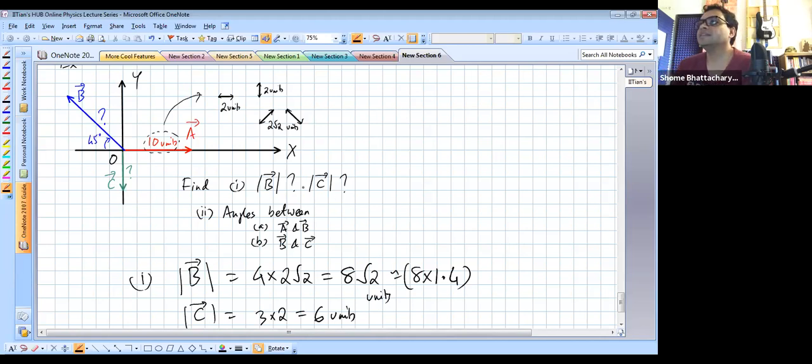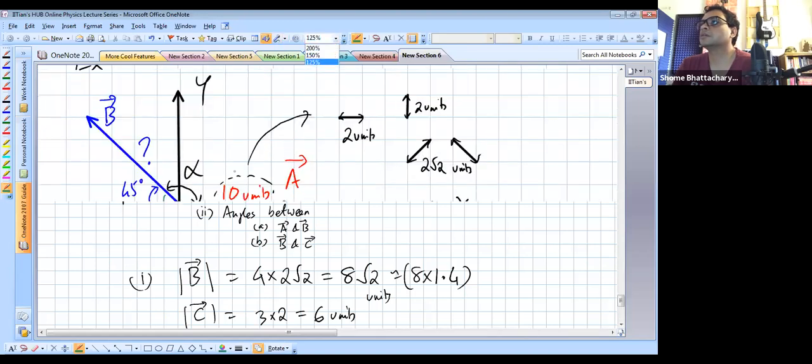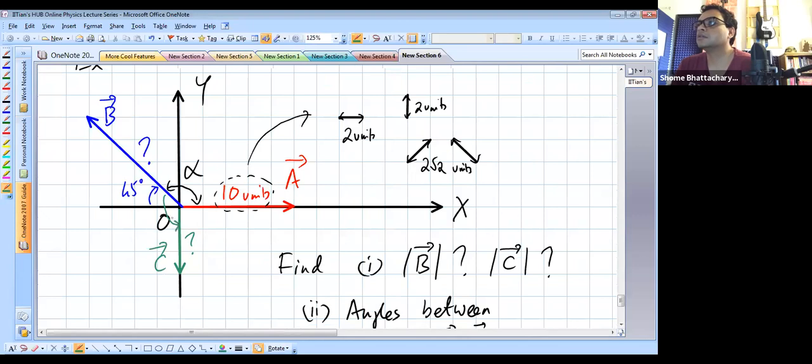Okay, and then the angles are pretty simple, as you can see. If this angle is alpha, this is the angle between A and B. And in this diagram, if this total angle is beta, use a different color for it. So this total angle from here to here, this is beta. So these will become the answers to your second part.